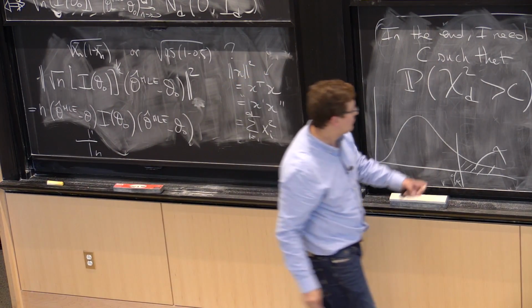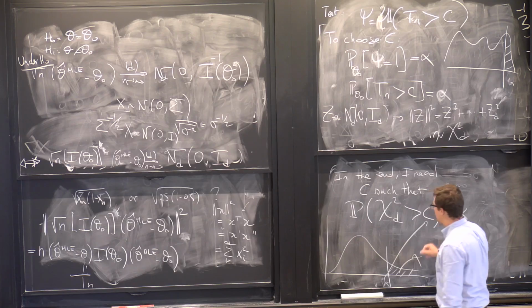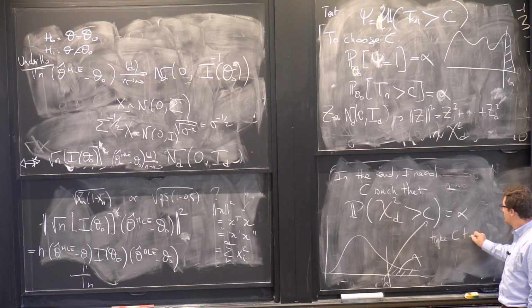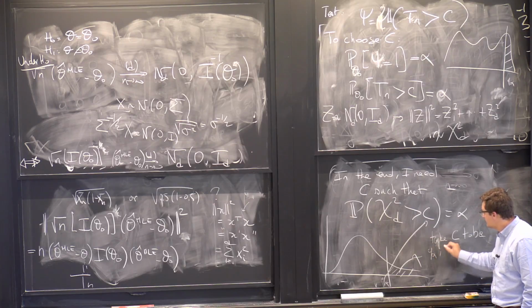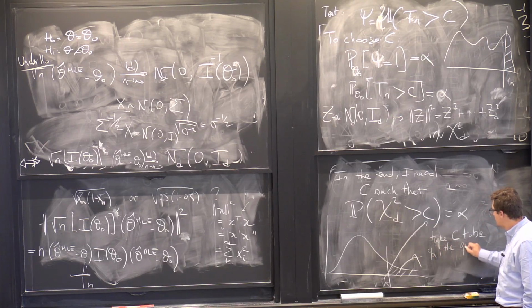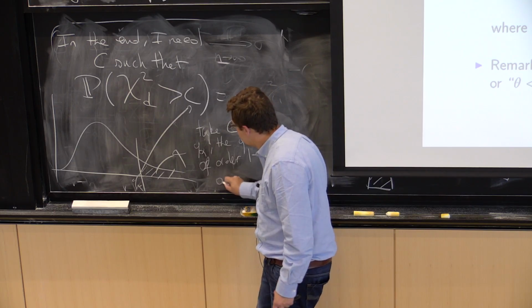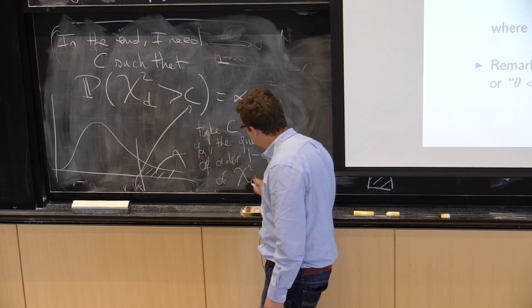And so here, what I need to do is to pick this Q alpha here for C. So take C to be Q alpha, the quantile of order 1 minus alpha of a chi-square distribution with this d degree of freedom.